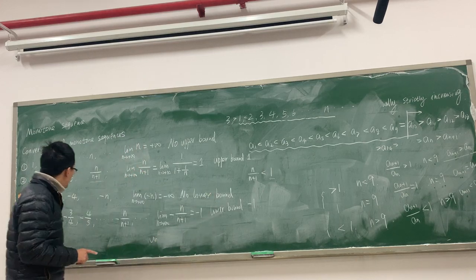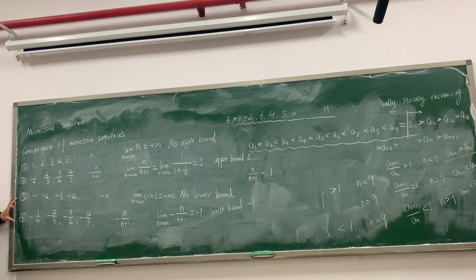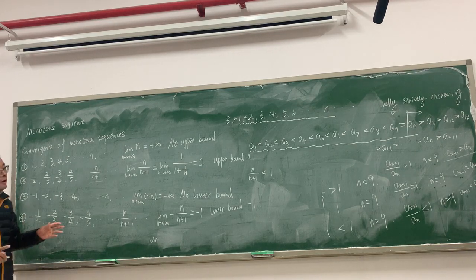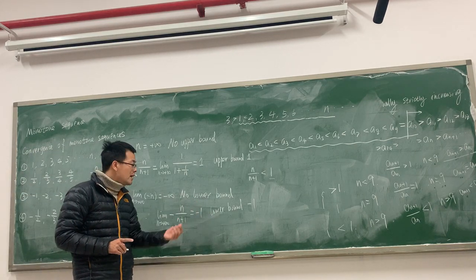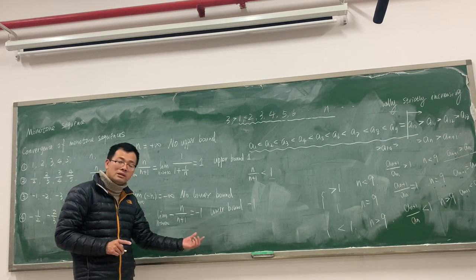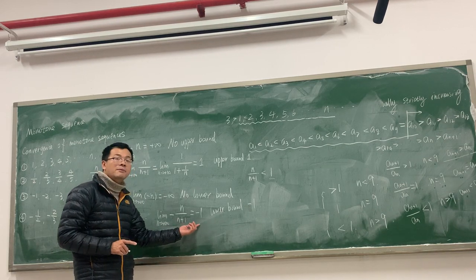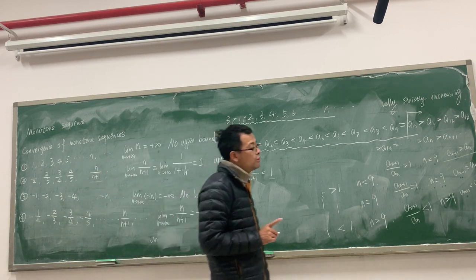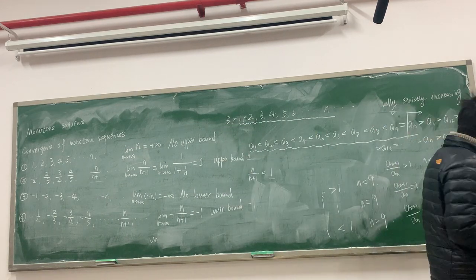Okay, and for the strictly decreasing or decreasing sequence, we also have two possibilities. The first is no lower bound. The second is we have a lower bound and we have a finite limit. So these are the two possibilities.